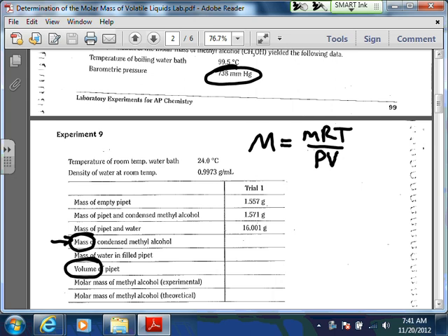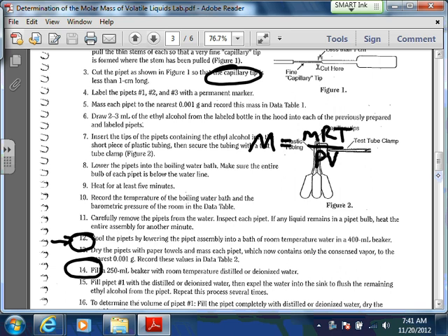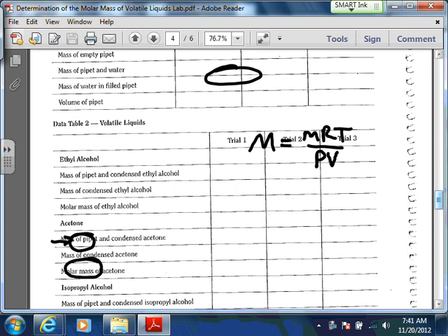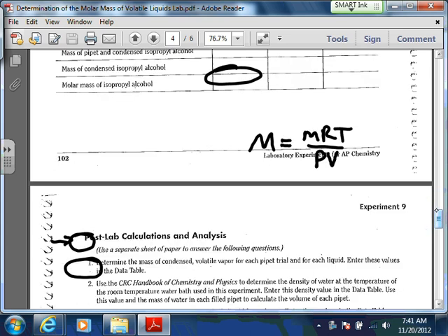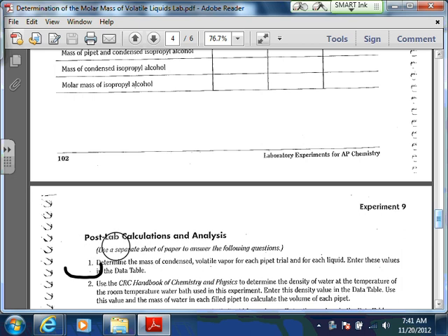Now what we're going to use for the temperature here, we're going to use the temperature of the boiling water bath, because I believe that's right. Let me double check that down in the lab. For the temperature of the boiling water bath, let's see here. Sorry, let me erase this so I can see.